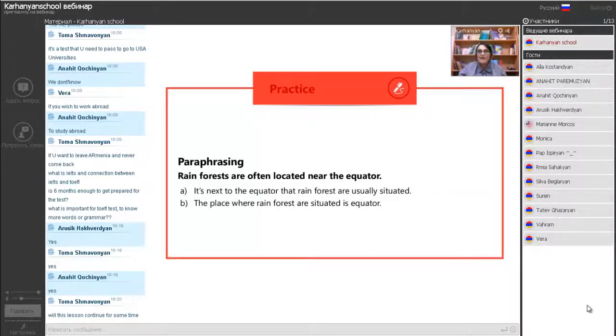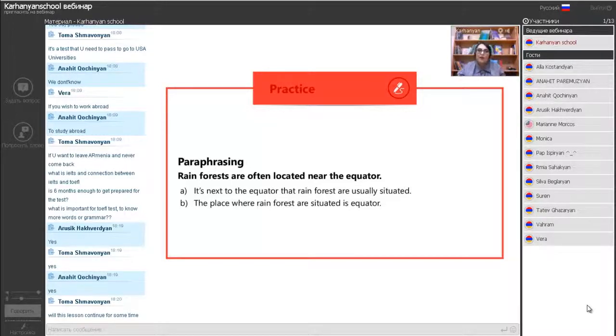Okay, now let's practice a little bit just for paraphrasing. This is just a brief review, that's why we are not going far. So I want you to give me the best answer. Rainforests are often located near the equator. Now tell me, which of these sentences best represents all the information in that sentence?